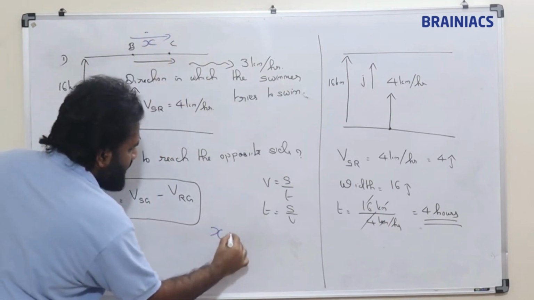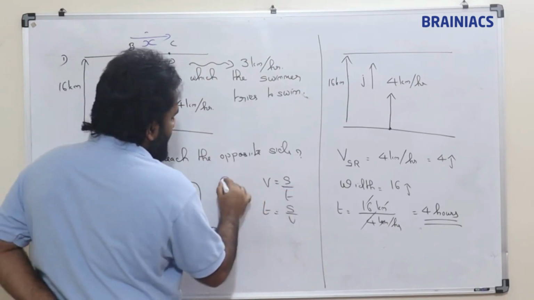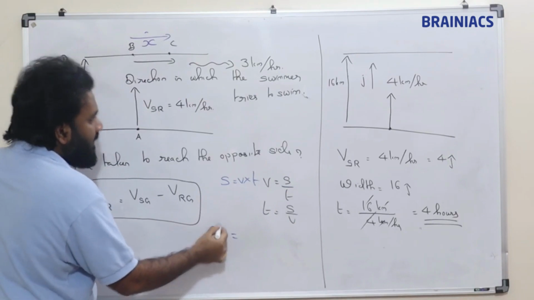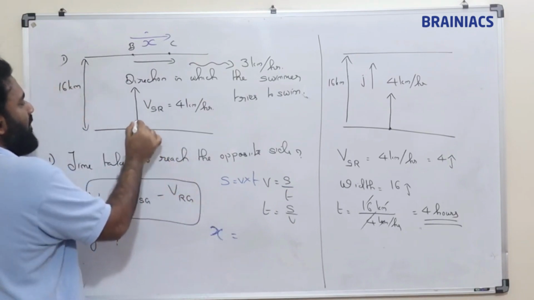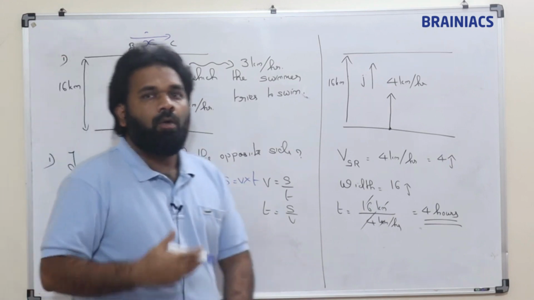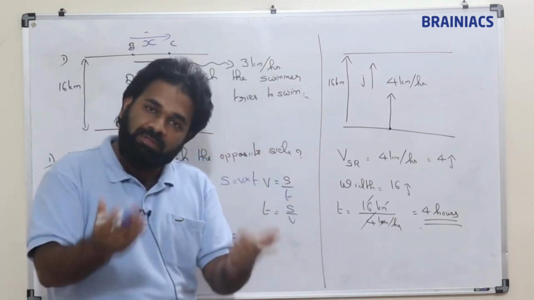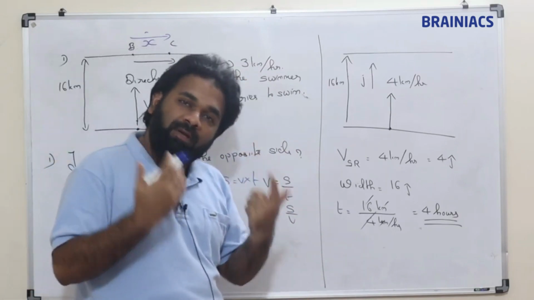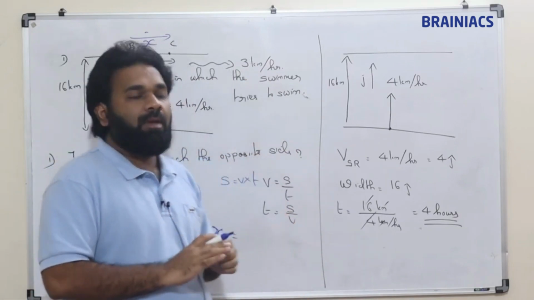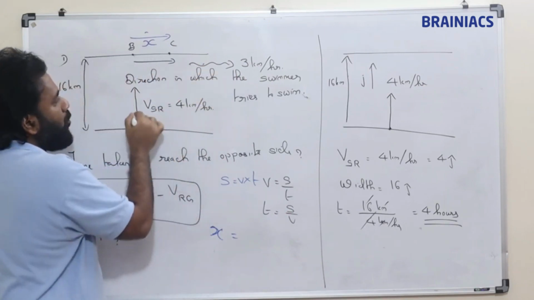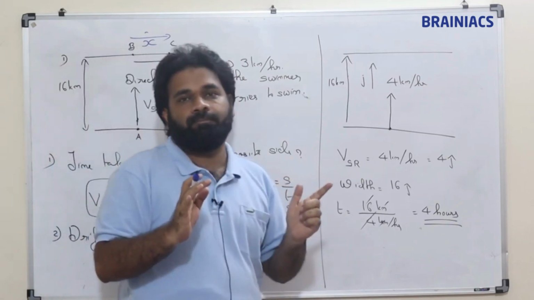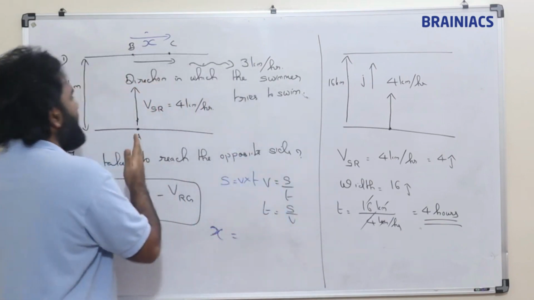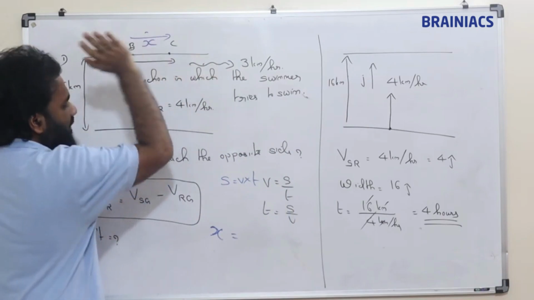So horizontal displacement, S is equal to V into T. The velocity of this swimmer is the original velocity with which he is trying, and this is the original velocity of the river. The effect of these two will be different. The resultant velocity of the swimmer can change, but this is the y vector, that is the x vector.